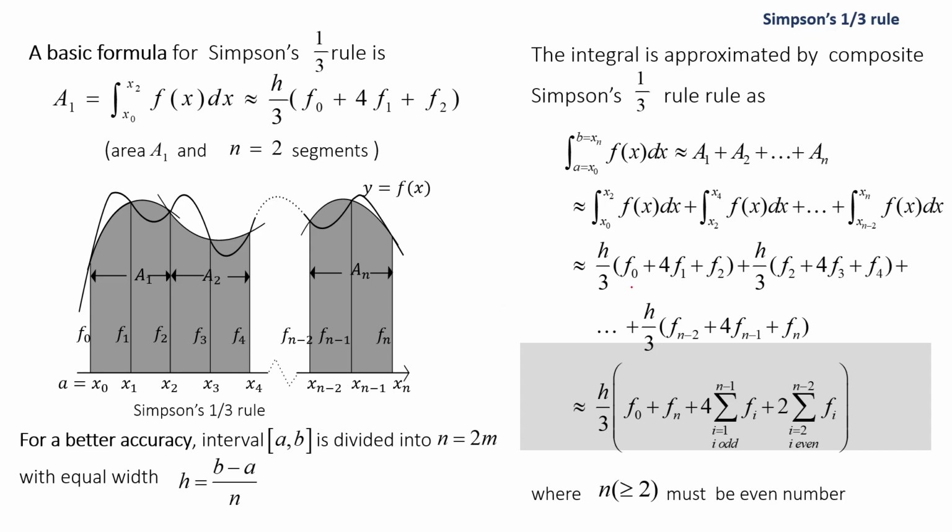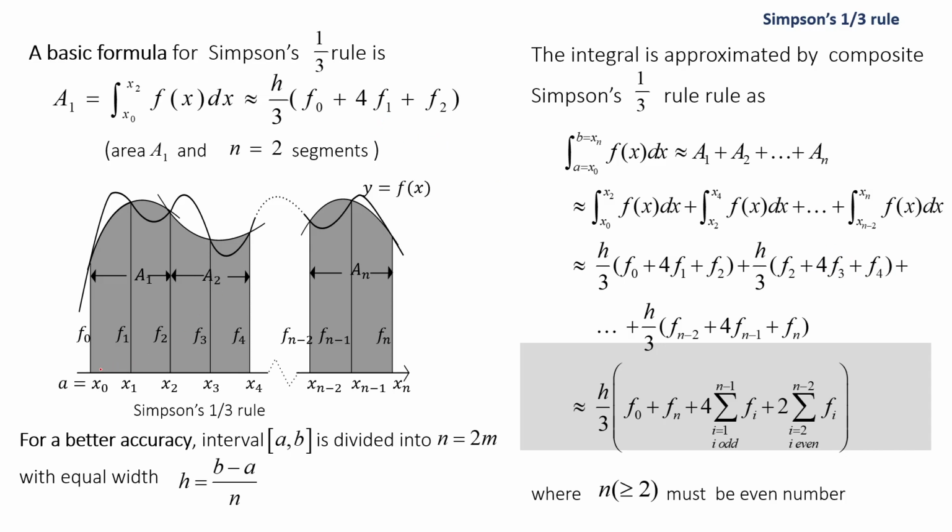And then for area 2, you notice the data points are x2, x3, x4. Using the basic Simpson 1/3 rule formula, h/3 for area 2, the starting point is f2, and the ending point is f4, one time. The middle f is four times.